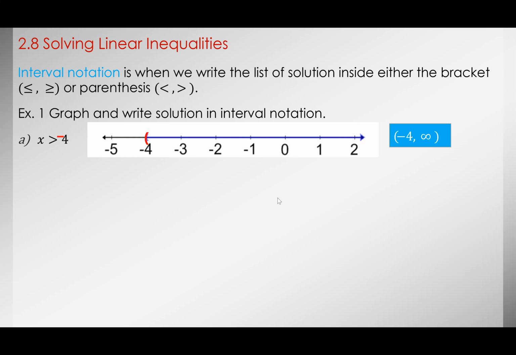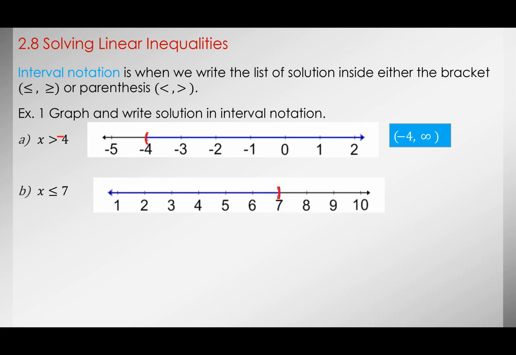Looking at this, what happens if we have something like this? Do you agree that this is what they tell us? We're looking for a number x that is less than or equal to 7. What number is less than or equal to 7?